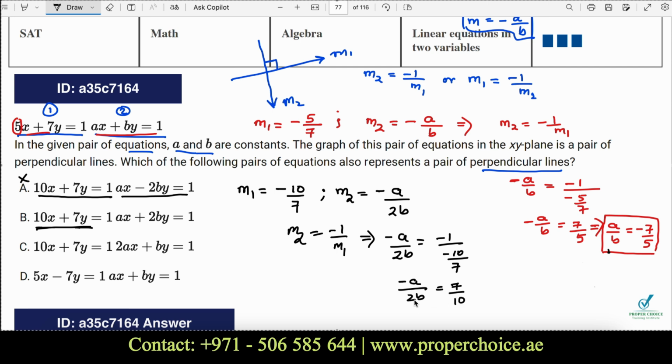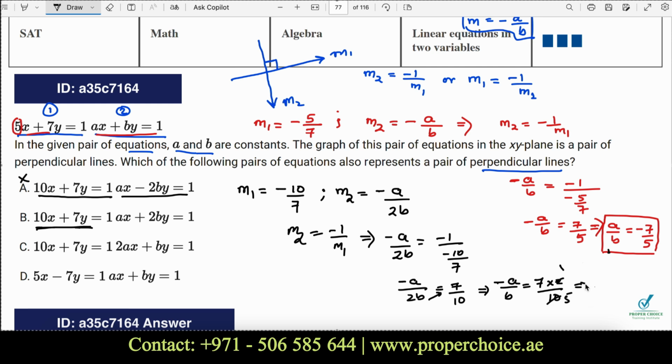If you rearrange by taking this 2 to the other side, I can write it as minus a by b equal to 7 times 2 by 10. I'm just taking this 2 to the other side, something like cross multiplication. Now 2 times 1 is 2, 2 times 5 is 10.